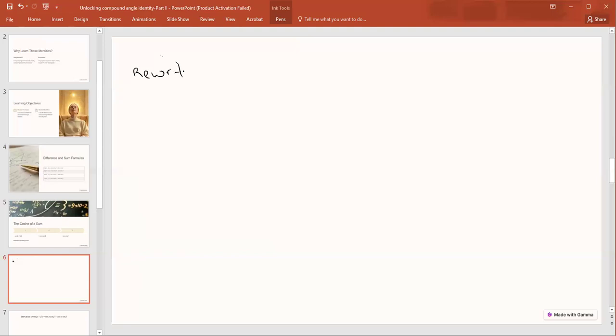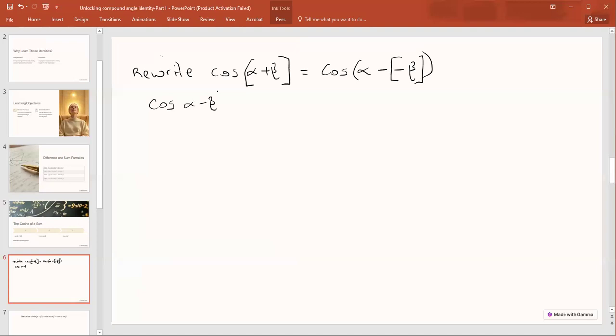So here you have to rewrite the cosine of alpha plus beta as the cosine of alpha minus beta. You can isolate this expression with the bracket, as you can see. Remember that we did prove that cosine of alpha minus beta is equal to cosine of alpha times cosine of beta plus sine of alpha times sine of beta.